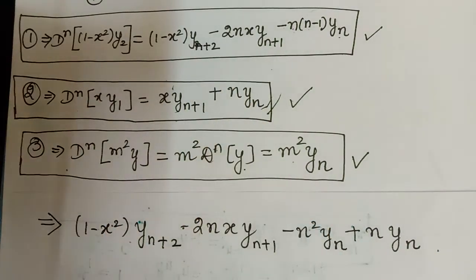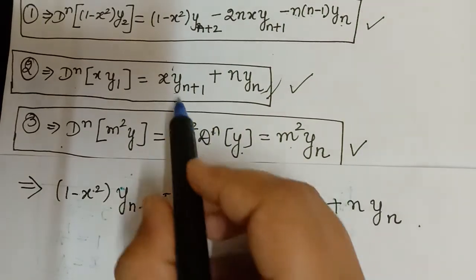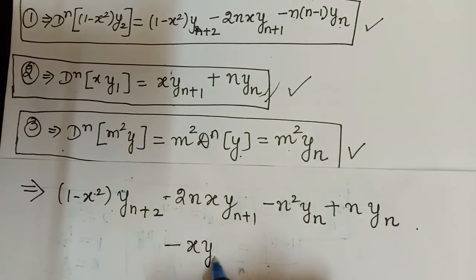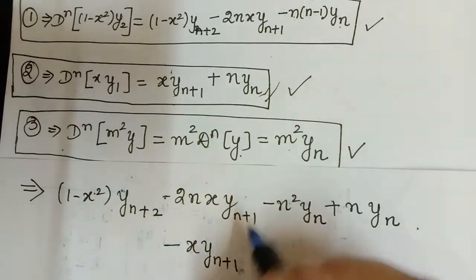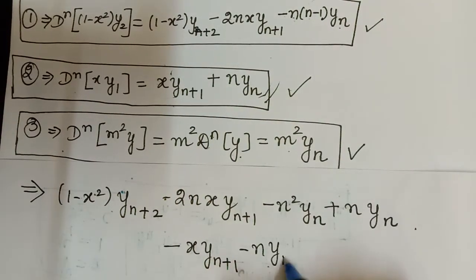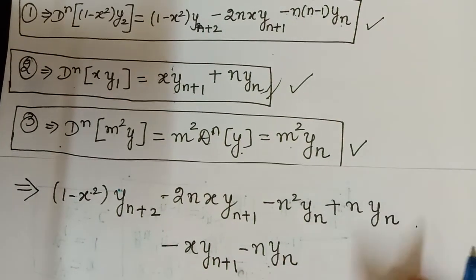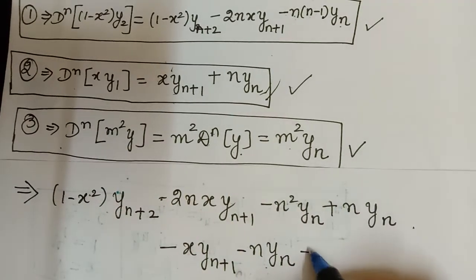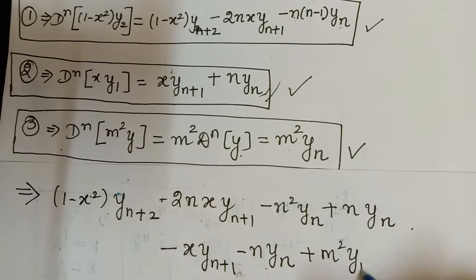So we are having a negative sign, and so both the terms will become negative, x yn plus 1 minus n yn, and then we are having plus nth derivative of this, so it will be plus m squared yn equal to 0.